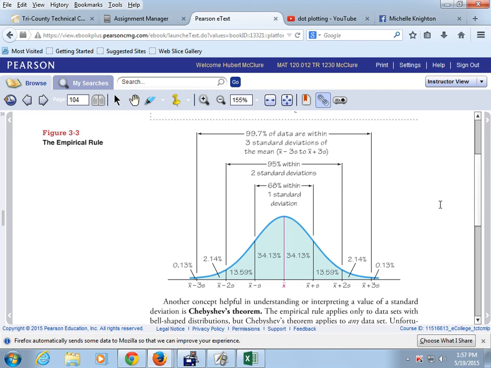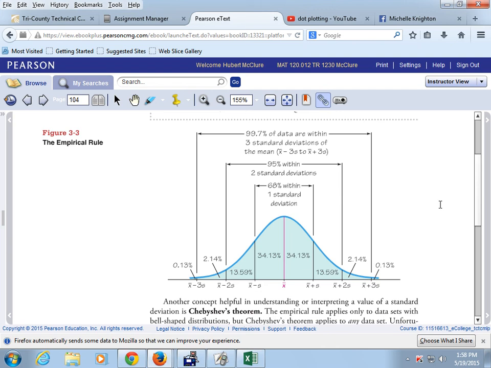14, 14, 2.5, 2.5. Now it says 2.14 and 0.013, but I say 2.5, but that's just me. What the empirical rule basically says is 95% of the population is going to fall between two standard deviations. That's what it basically says.